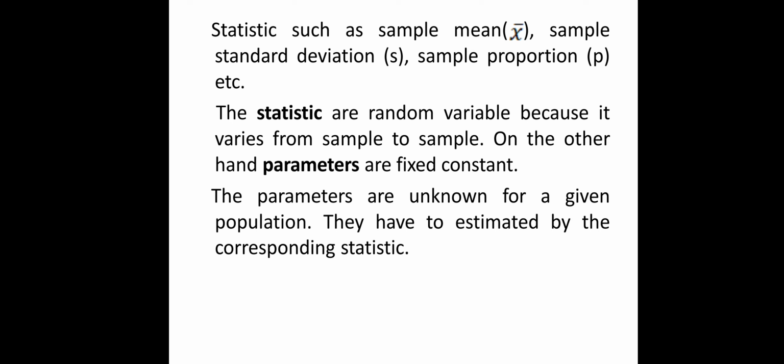This difference exists in statistics, so they are considered random variables. We already discussed the random variable concept in our distribution video: random variables can take any values. Whereas parameters are fixed constants. The parameters are unknown for a given population, and they have to be estimated by the corresponding statistic.